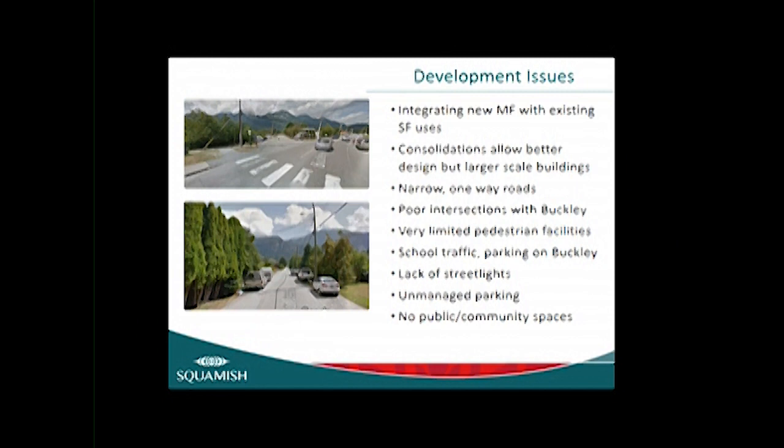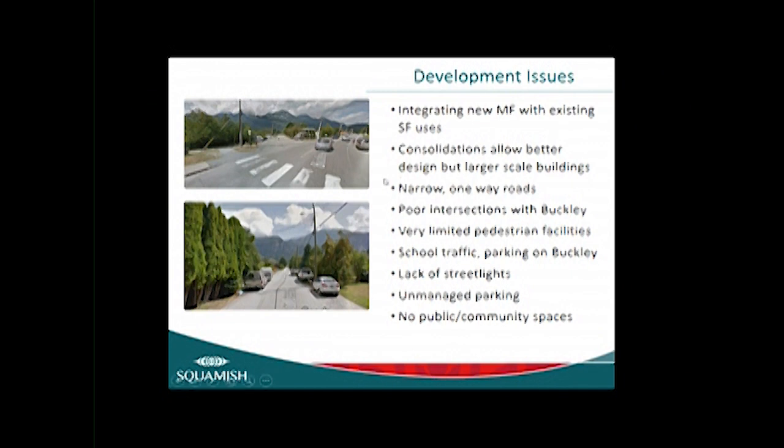So the development issues that we're looking at, as Jonas mentioned, there's a lot of single family despite the multifamily zoning, and how to integrate that as development applications come in is certainly top of the list. A number of people are looking at consolidating a number of lots. Some of them are quite large, quarter acre in size or so, very long, narrow lots. The consolidations allow new developers opportunity for better design, I think, but potentially bring larger scale buildings that are not such a great fit with some of the smaller scale uses that are around there.